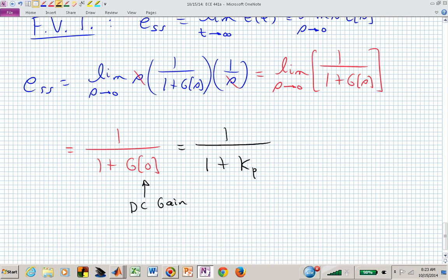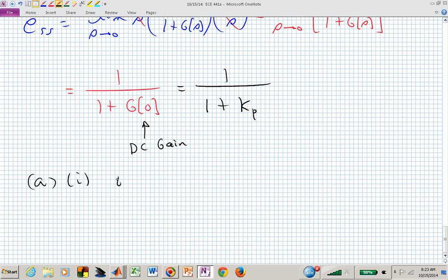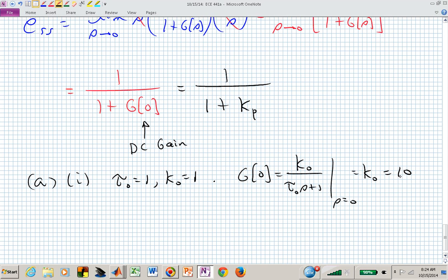What was our DC gain for system A? We didn't even say what that was until now. Let's now say with tau sub 0 equal to 1 and k sub 0 equal to 10, then G of 0 is k sub 0, which is 10.